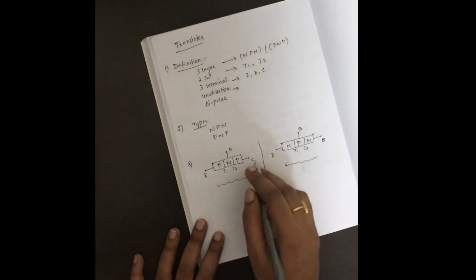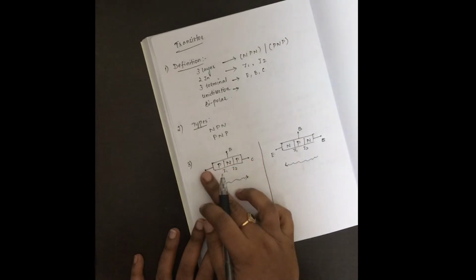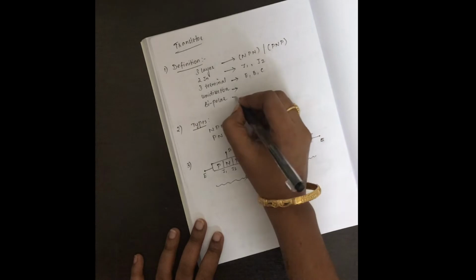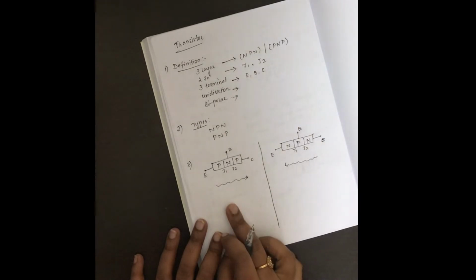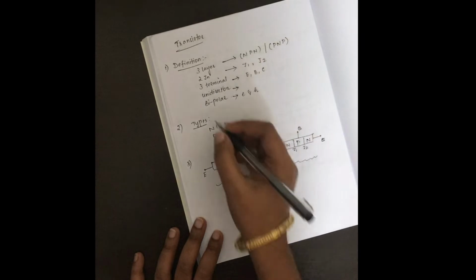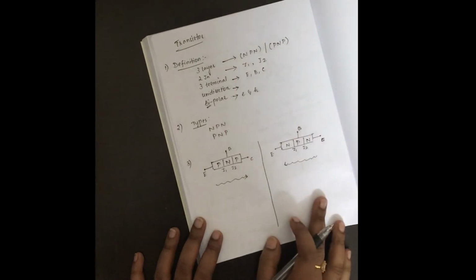So current flows in only one direction. For PNP it flows from emitter to collector, for NPN it flows from collector to emitter. What is bipolar? Bipolar means current gets generated due to both electrons and holes. That's why it is called a bipolar device.